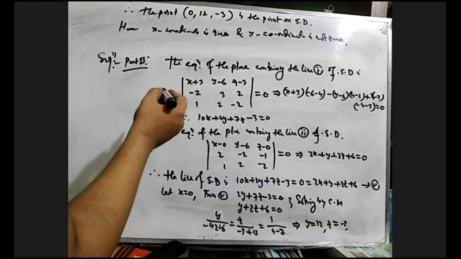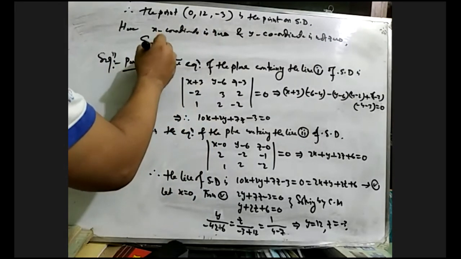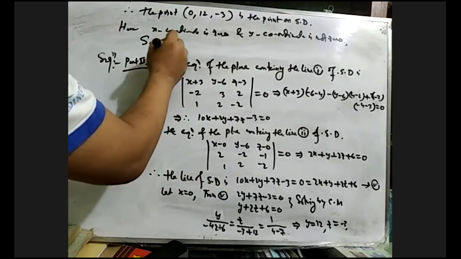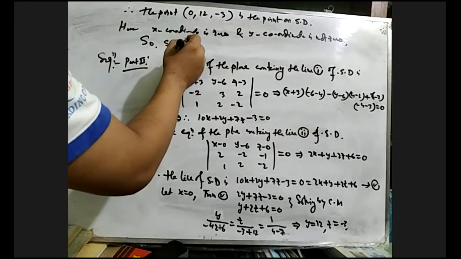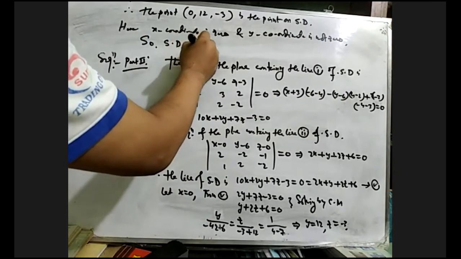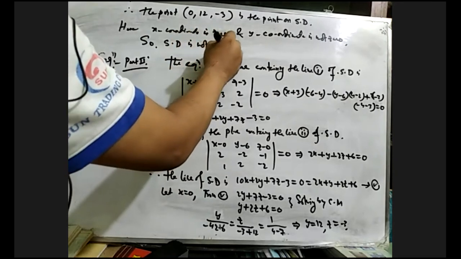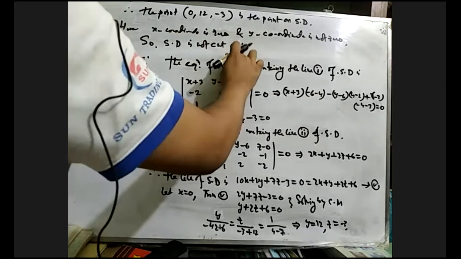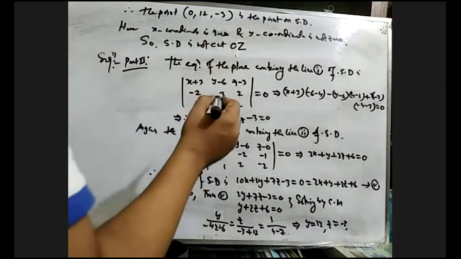So the line of shortest distance does not cut the OZ axis. Okay.